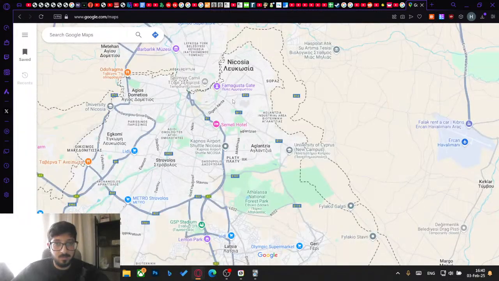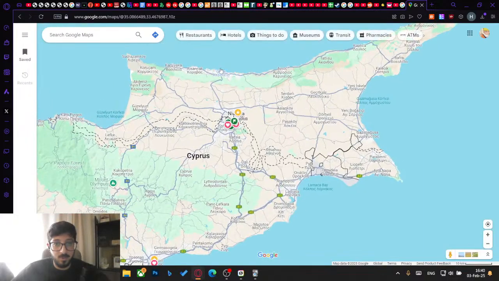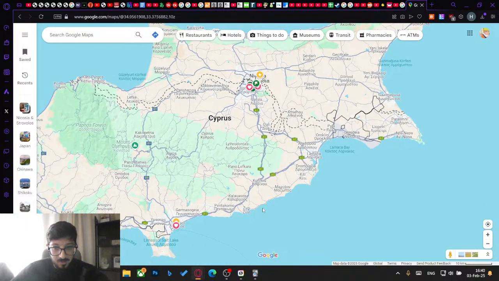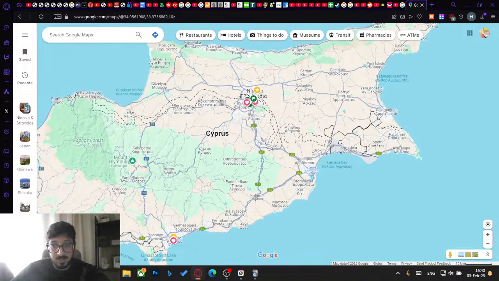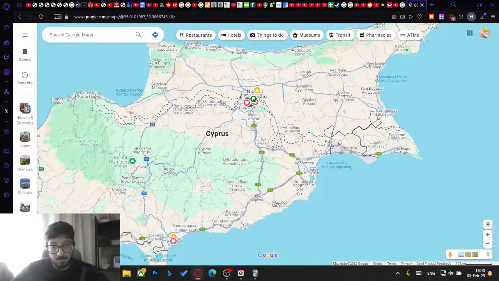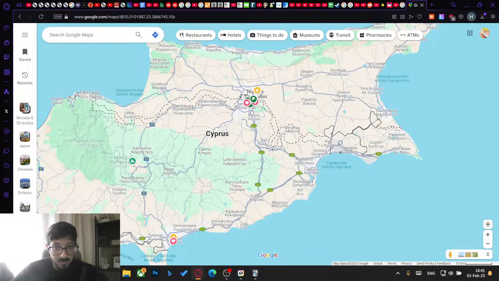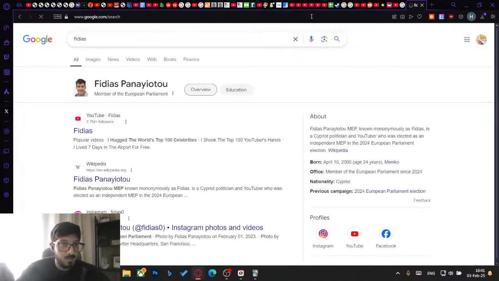From north until south, where is Larnaca? This is the official road. From here to here is 100 kilometers. You can run this in one day, in 10 hours. Fidias, do you know Fidias?